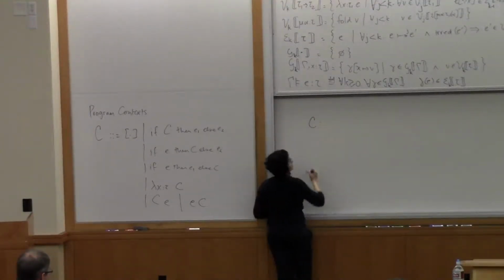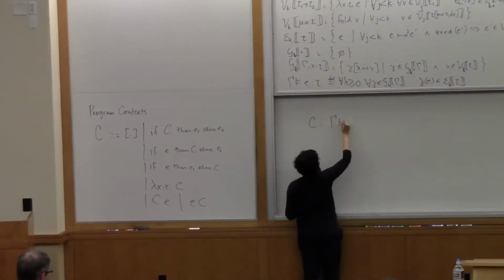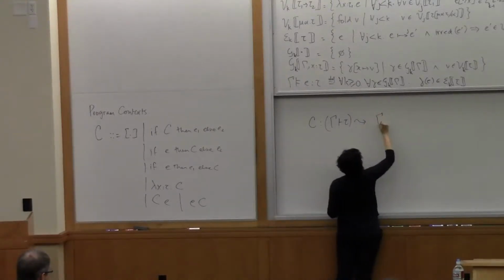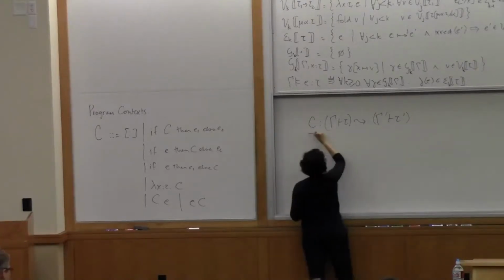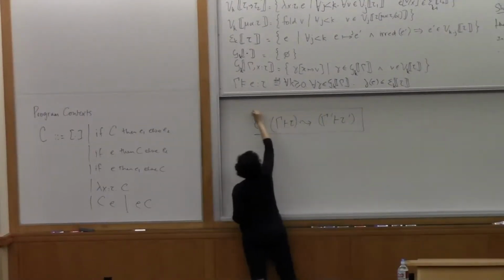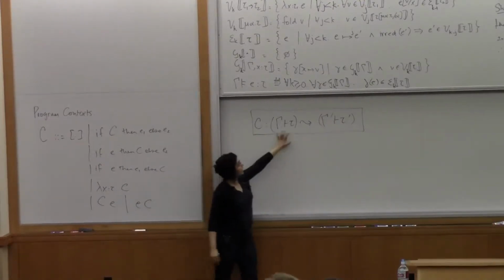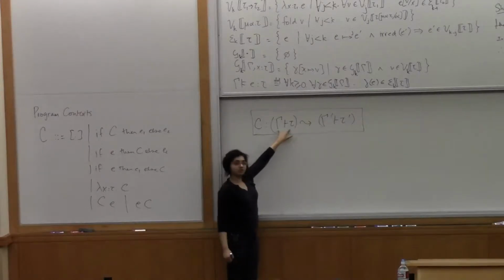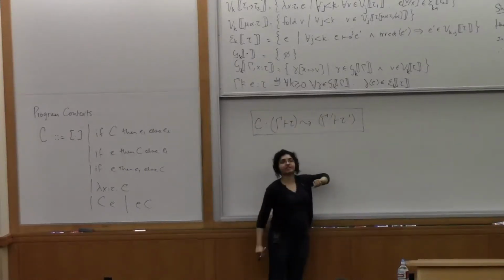I'm going to write down a context typing judgment that will have this form. And I'll explain it in a second. Okay, so when we say that a context C has this type, we mean that this is the type of the whole, and this will be the type of the entire expression after it has been plugged.